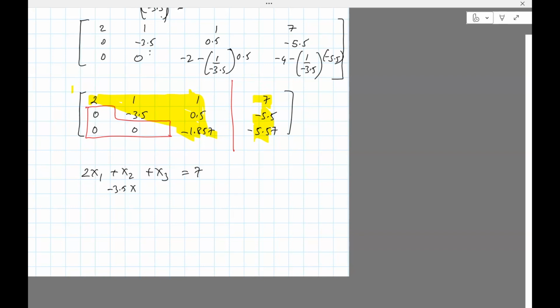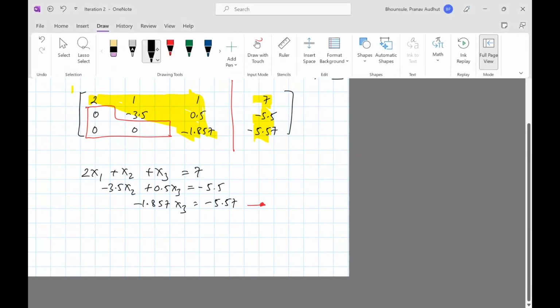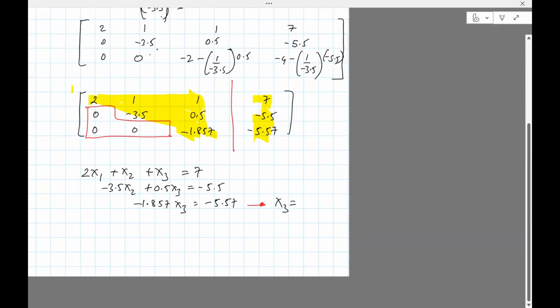Minus 3.5, and then minus 1.857 x3 equals. So clearly from the last equation here, we can solve for x3. It comes out to be 3.